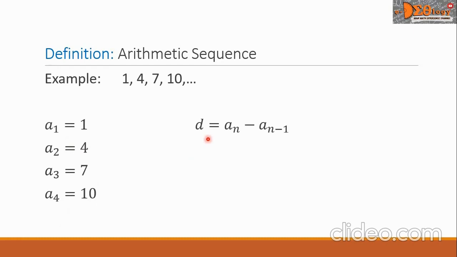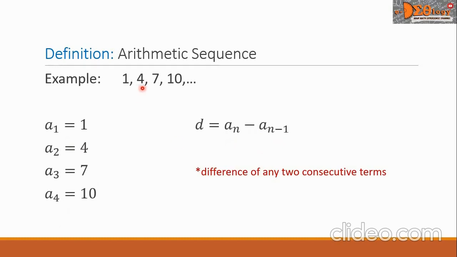For the common difference, we may compute this using the formula a sub n minus a sub n minus 1. This is the difference of any two consecutive terms.